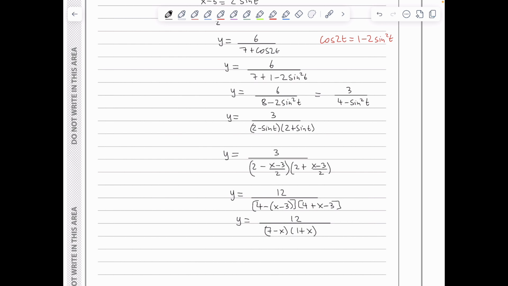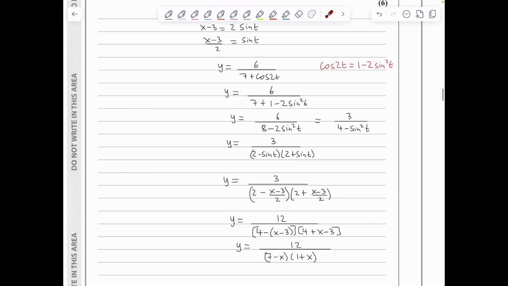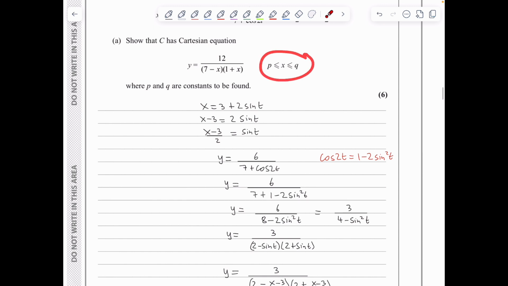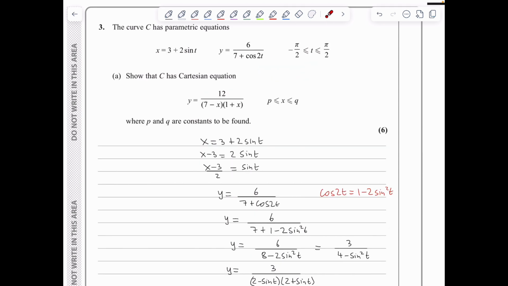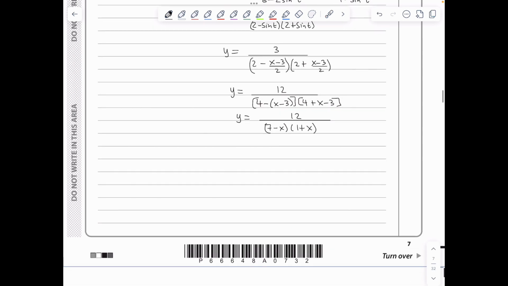Now the only thing missing is for me to find the values of p and q. Remember, x is between p and q, so I will be substituting the limits for t to find the corresponding limits for x. So let's see, when t is negative pi over 2, we get that x is 3 plus 2 sine of negative pi over 2, which gives an answer of 1, and therefore we conclude that p is equal to 1.